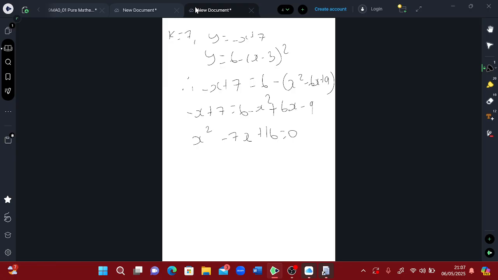Oh, hang on, we've messed up there. x squared minus 6x plus 9. I'm not getting the right values here, so the quadratic must be wrong. Minus x plus 7.